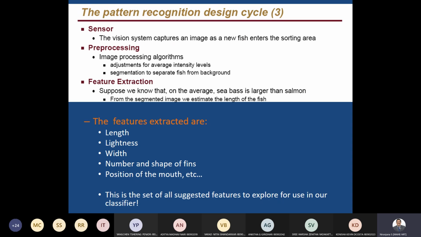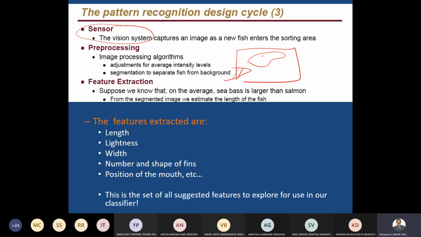So in that problem, what they did initially: to capture the fish, they used a camera, as you know, a CCD camera as a sensor. And some pre-processing may be required. Maybe initially they may have to capture the area of the fish, where sometimes there will be multiple fish and another fish may be half in view.